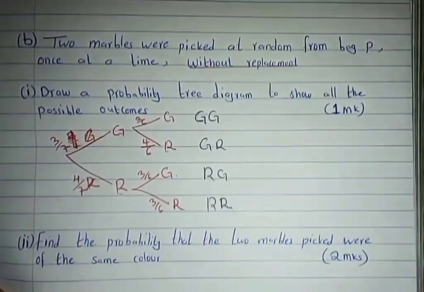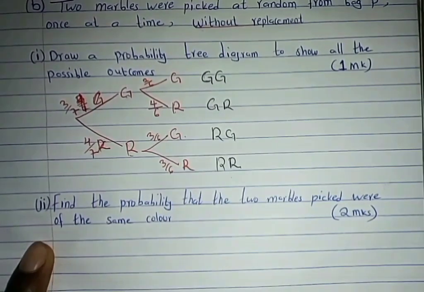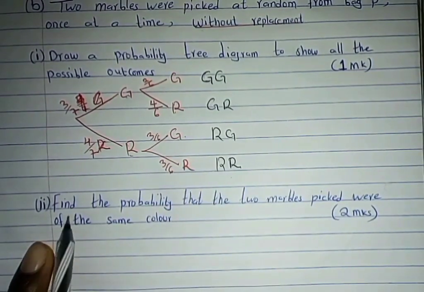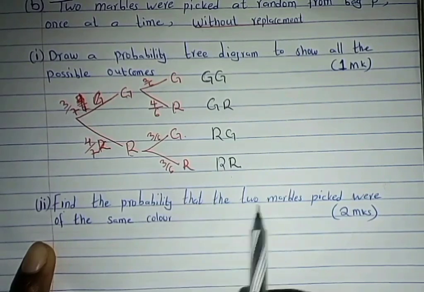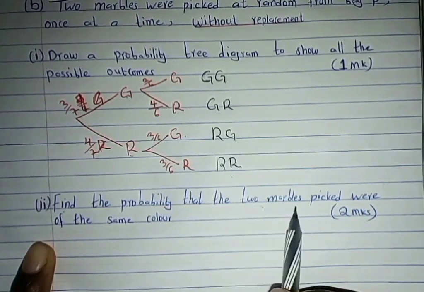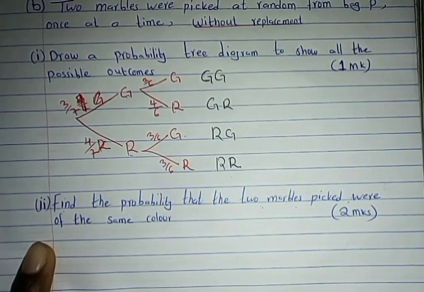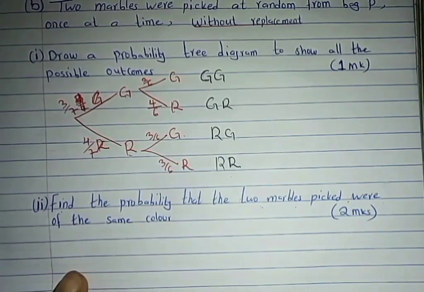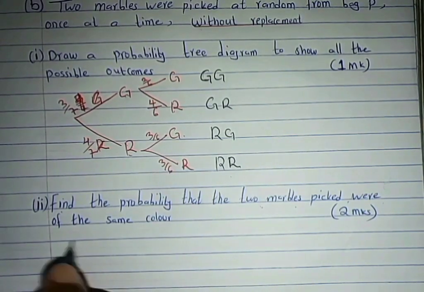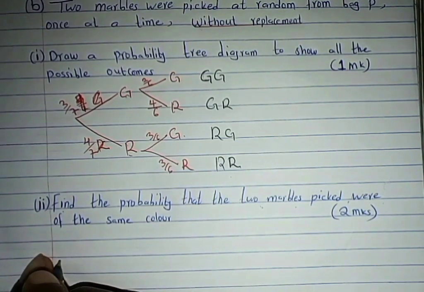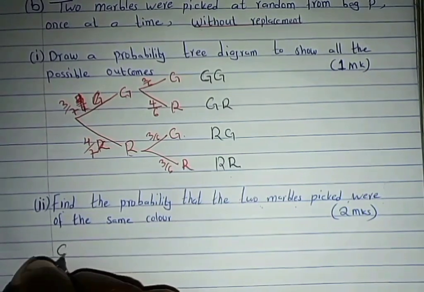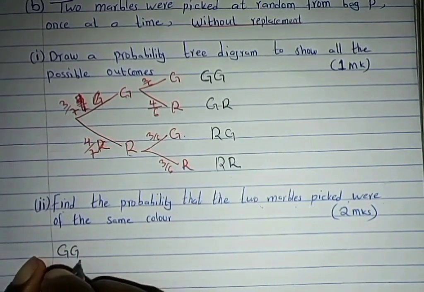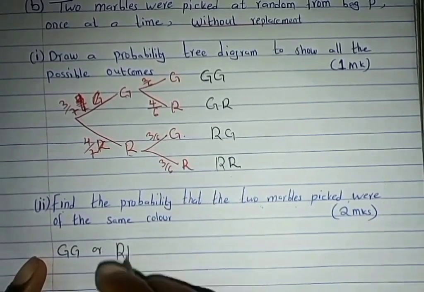Then part Roman 2, we are told to find the probability that the 2 marbles picked were of the same color. In other words, if they were the same color, it's either you pick a green green or a red red.